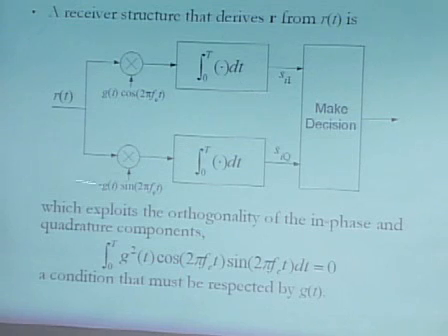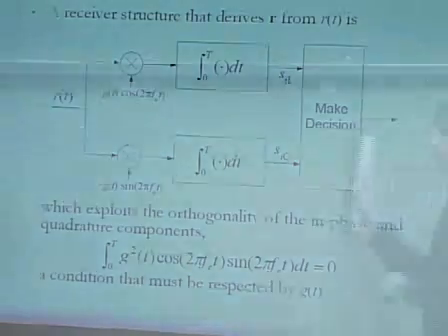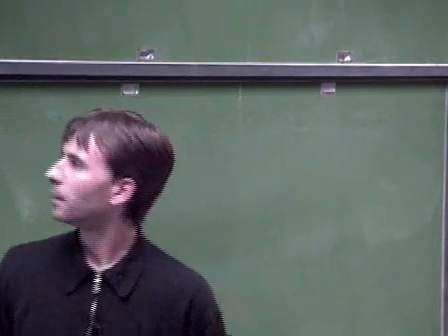Here's how you do it. This is the structure of the receiver, the front end of the receiver that's going to do that for us. Let's spend some time going over this. We have our incoming signal, r(t).